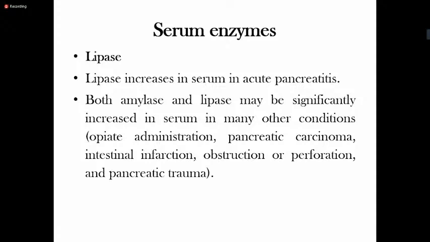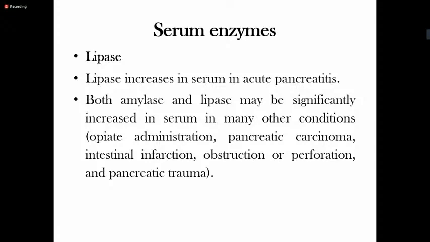Lipase increases in serum in acute pancreatitis. So the two enzymes are the typical ones. In fact, lipase is the most sensitive one and the one which occurs early, okay? Both amylase and lipase may be significantly increased in serum in many other conditions, like opiate administration, pancreatic carcinoma, intestinal infection, obstruction or perforation, and pancreatic trauma.